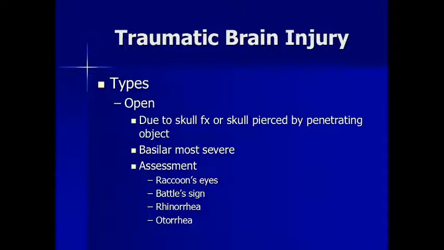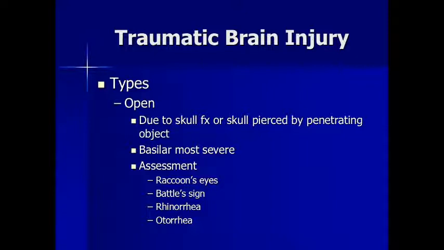Otorrhea, which is a leakage from the ear, clear leakage, or could be bloody, is usually due to a fracture in the middle fossa, and this too is due to a cerebrospinal fluid leak.